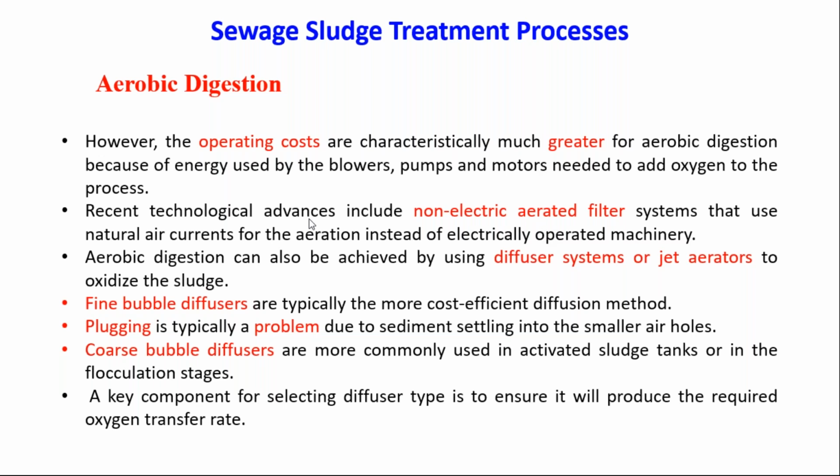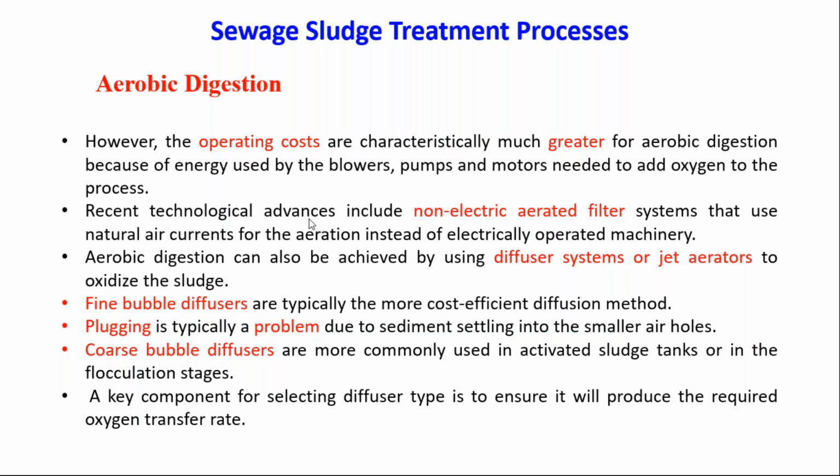This is the latest change in technology: we can use natural air currents for aeration instead of electric aerated filters. If it is feasible, then we can reduce the cost of this aerobic digestion process.